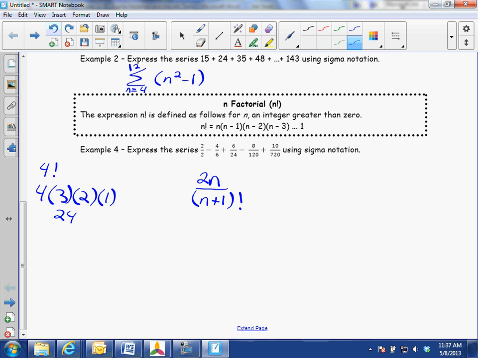Negative n plus 1. Wait, so you need an exponent? Do you need an exponent? Negative 1 to the n.